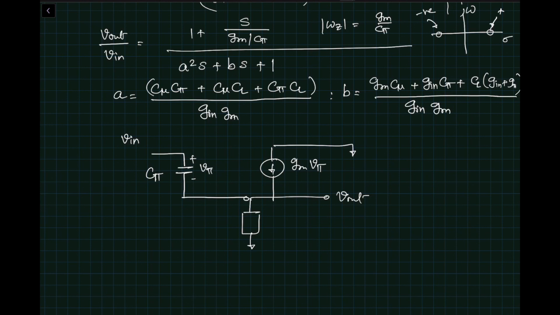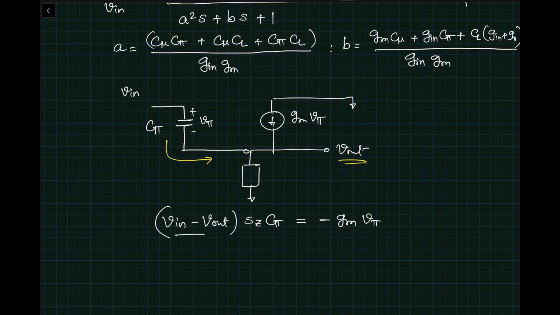So at the zero location, the current is flowing this way and V out goes to 0. So we say that V in minus V out, times S of Z, C pi is equal to minus Gm times V pi.